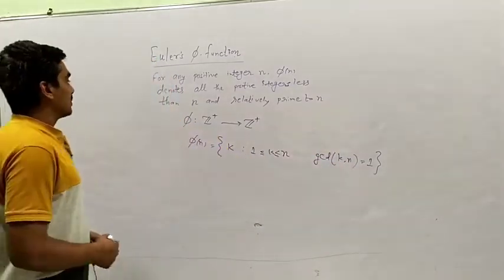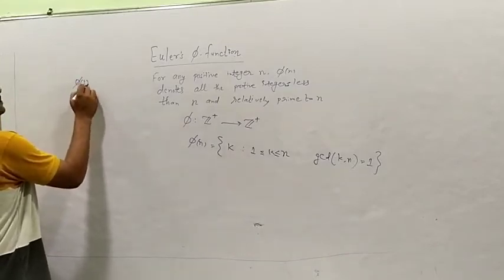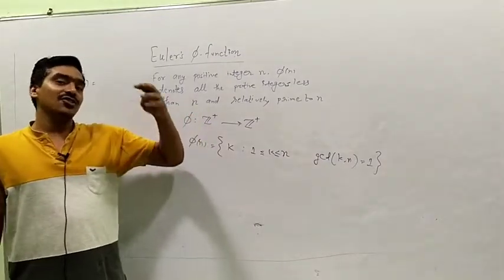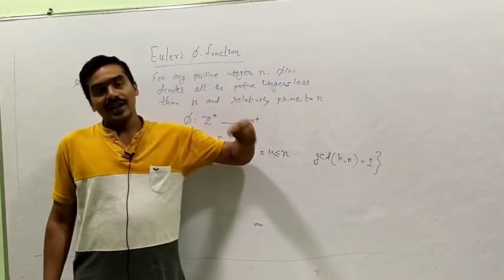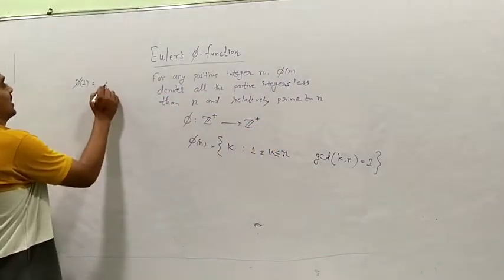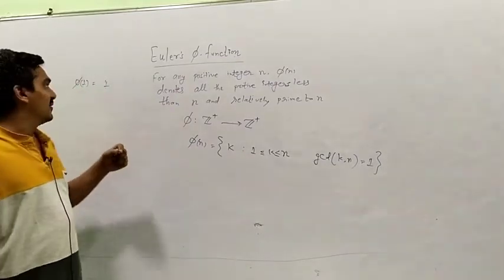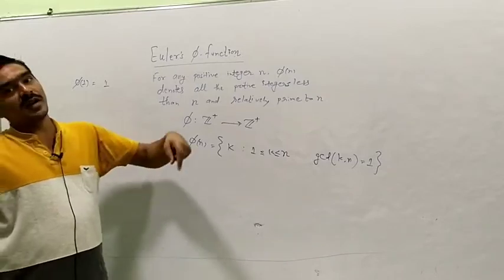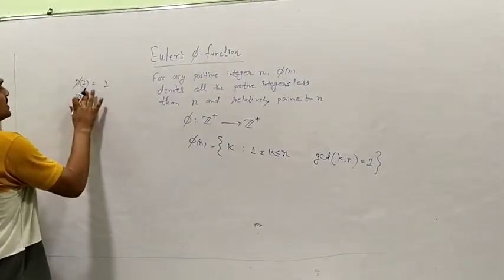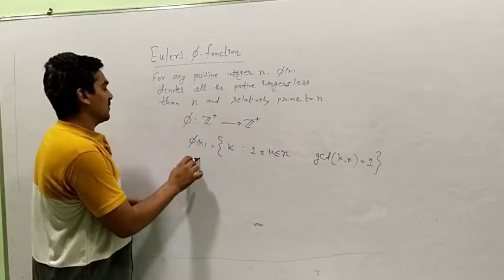Okay, so for example, let us see what phi 1 is. According to the definition, all those positive integers less than or equal to 1 and relatively prime to 1. So 1 itself, which is less than or equal to 1, and 1 is co-prime to 1. Now what is phi 2?